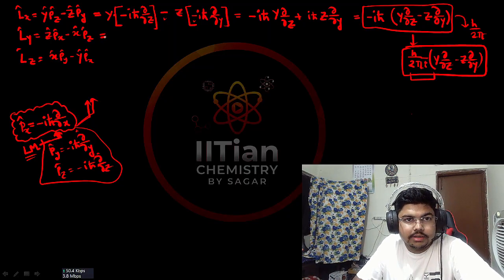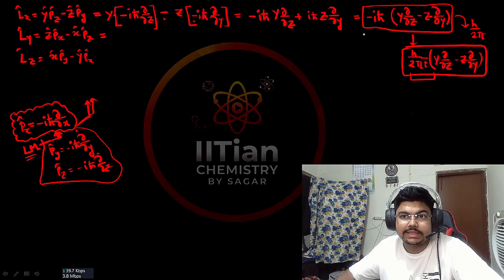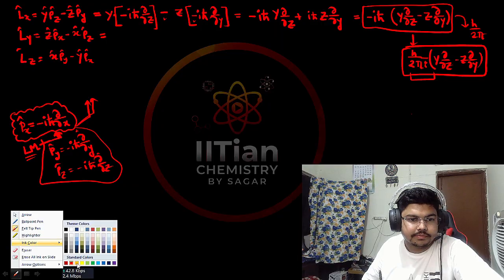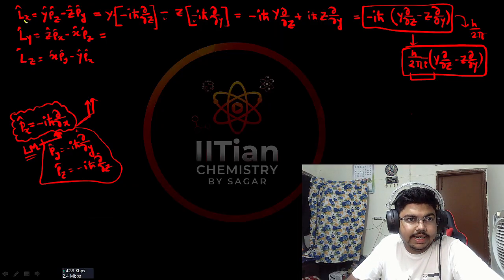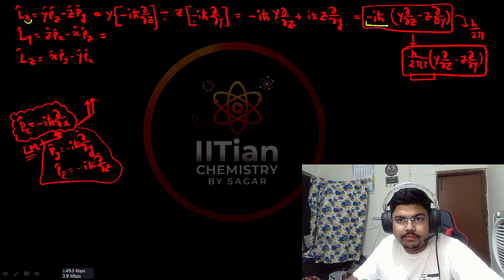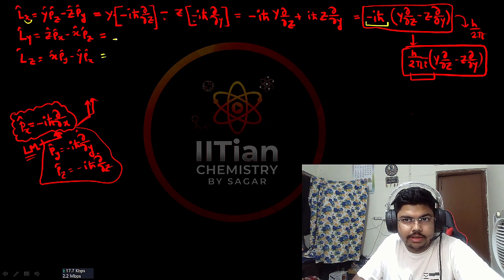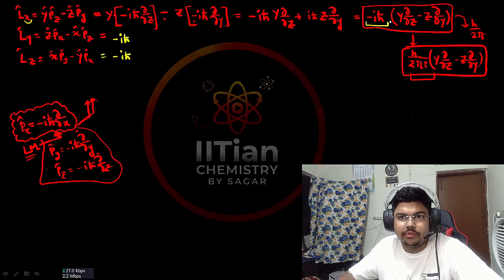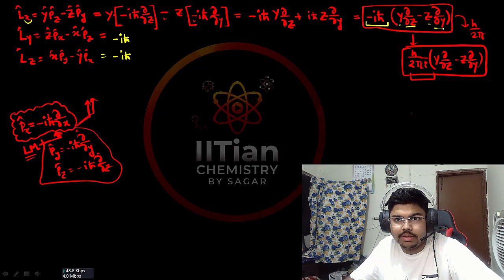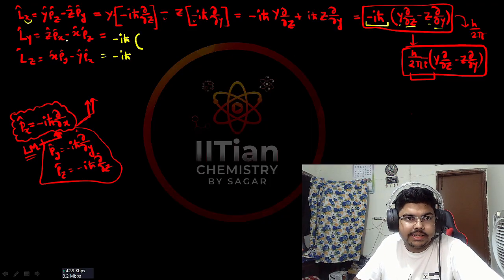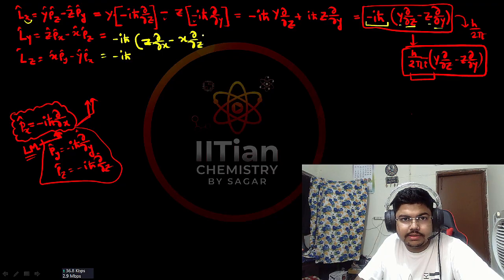Similarly for Ly, now guess how these are going to operate. When we are using Lx, we will always have minus iħ. This will always be minus iħ. When there is x, we are getting y del/del z minus z del/del y. So when it is Ly, then z del/del x minus x del/del z, isn't it?